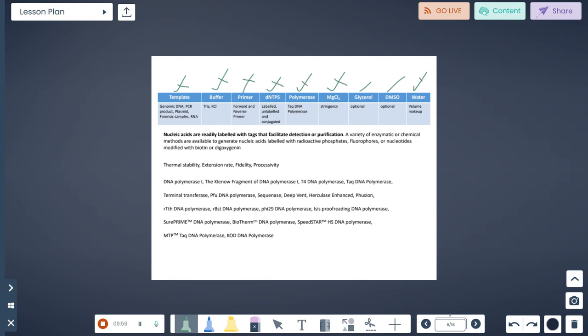MgCl2 and water. Water is mainly used to dilute the PCR buffer to 1x, because in most cases the buffer is supplied as 10x. So you mix template, primer, dNTPs, polymerase, MgCl2, everything, and finally when you add water, the buffer concentration becomes 1x, which is the actual reaction concentration.